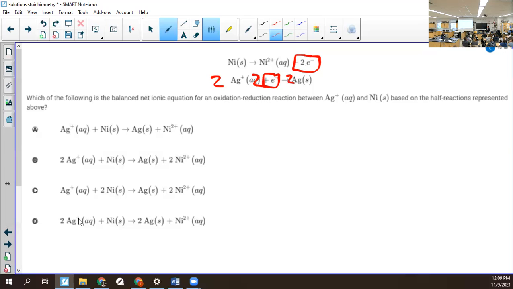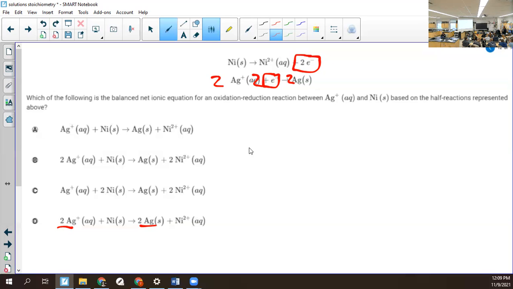So you find the one that has 2 Ag plus, which this did also, but it didn't have 2 Ag solid. You had to have them both. So when it asks about balancing in this unit, in chapter 19, balancing redox is like half a page, no joke. But for this unit, it's easy. Make sure that the electrons balance and then add everything together.